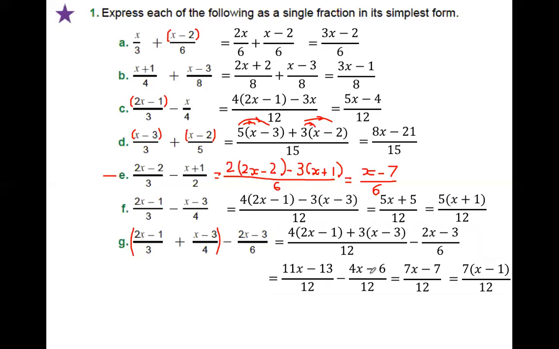Yeah, so what I've done for the second one, because I've got 12 and 6, I'm just going to use the common denominator here. 2 times 6 is 12. So I need to times both 2x and 3 by 2. So I got my 4x minus 6. So at the end, you've got 11x minus 4x, which is 7x, negative 13 minus 6, which is plus 6, which is your minus 7. And we just factorize the 7.